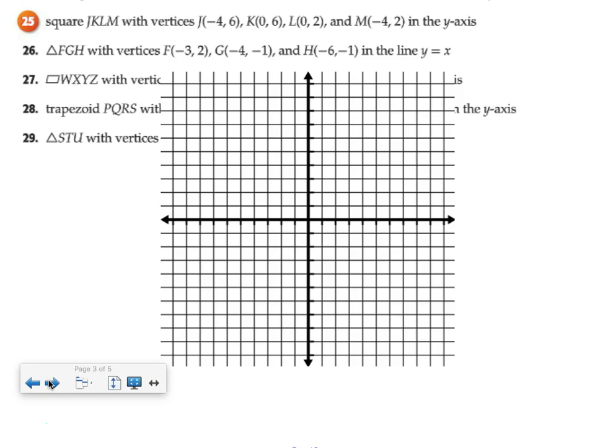So F, -3, 2, 1, 2, 3, 1, 2. There's F. G, -4, -1, 1, 2, 3, 4, -1. And H, -6, 1, 2, 3, 4, 5, 6, -1.